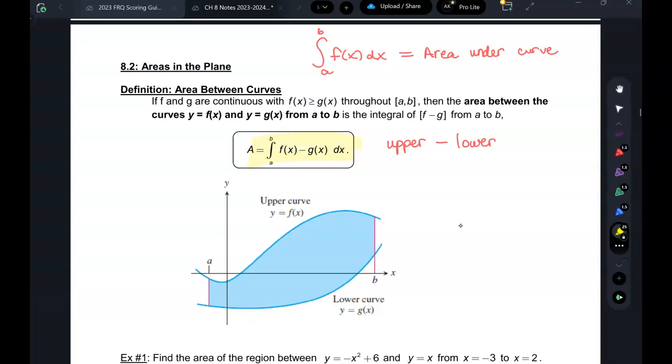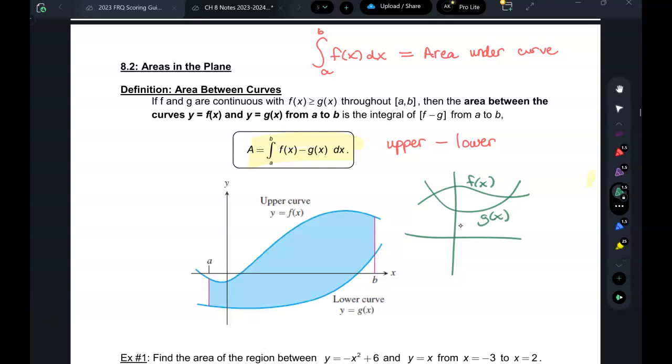Okay, so it doesn't matter if the whole curve is below. Like if this is f of x and g of x, how will that work?